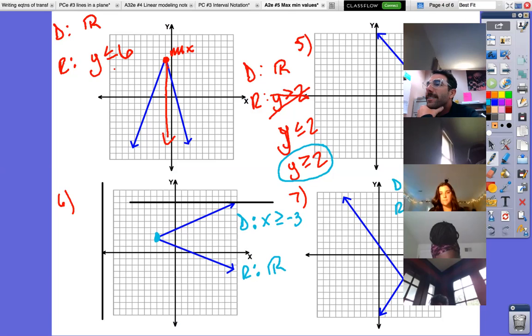Can you hear me, Ian? All right. We've got to talk about that a little bit. I'm trying to save time here. Your range, remember it's low to high, arrow, arrow. Your range is all real numbers. I feel like we're starting to get this.